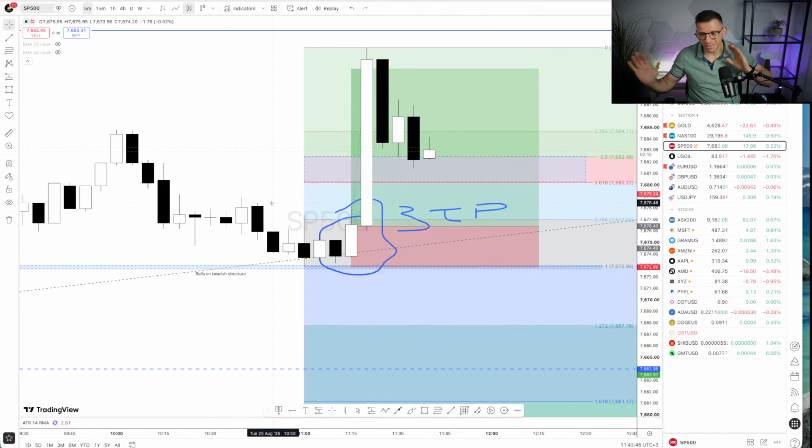But to understand the market structure is one of the most complicated parts in trading. It's not simple. Don't think it's simple. You need to learn it properly. Okay.